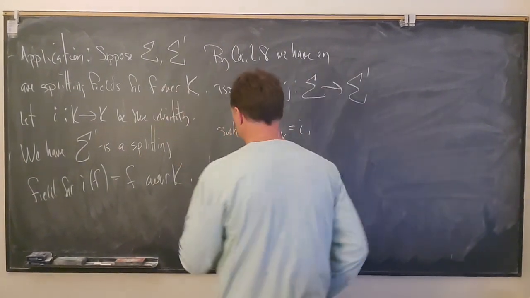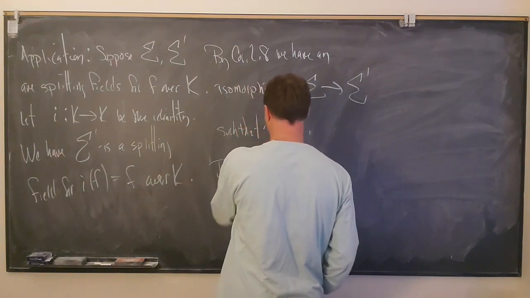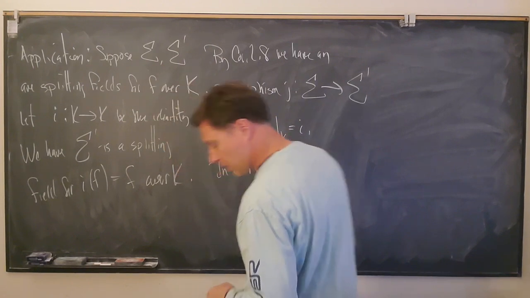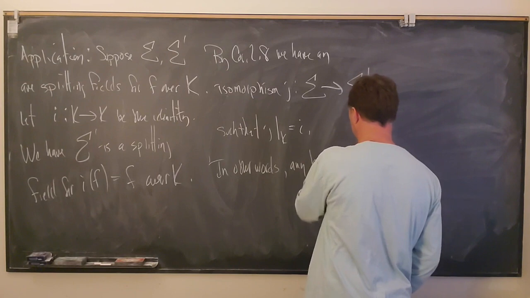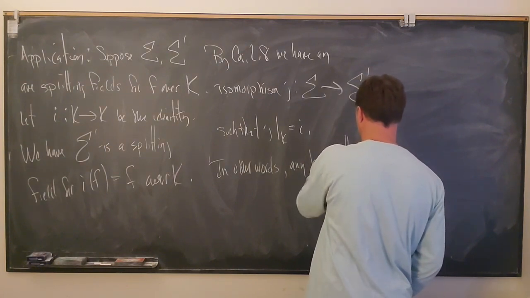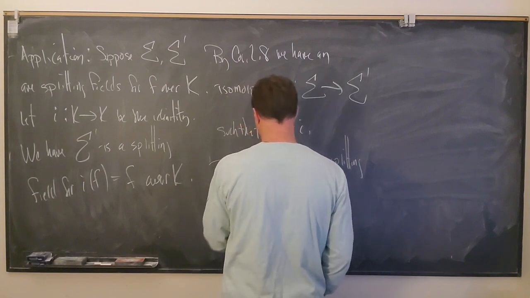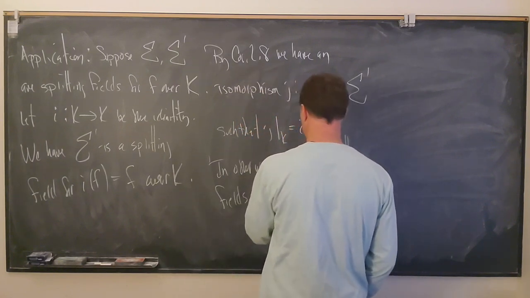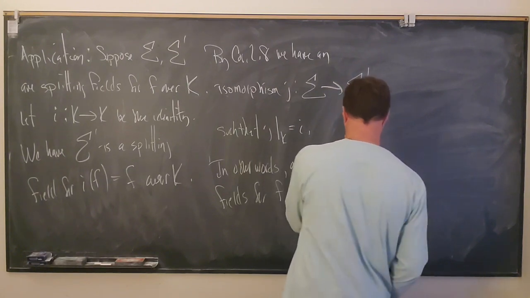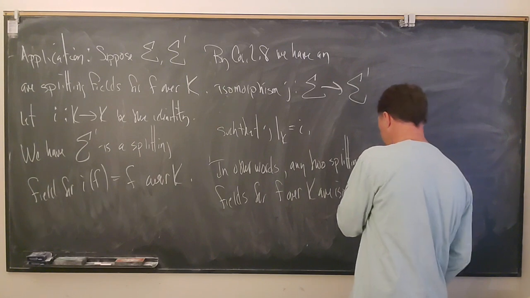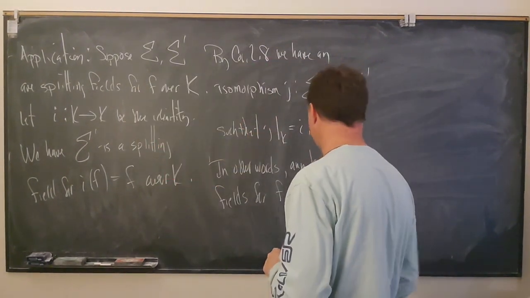So we can say, in other words, any two splitting fields for f over k are isomorphic, and even more, they're isomorphic by an isomorphism that fixes k.